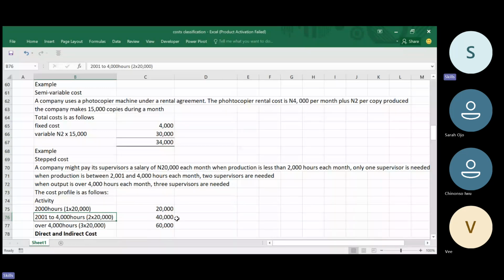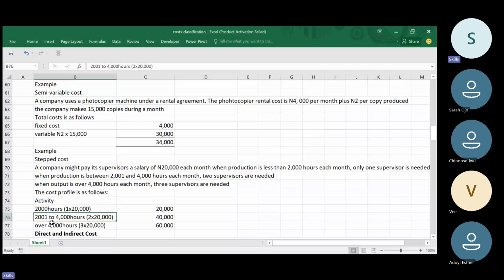Then the third one, when the output is over 4,000 hours each month, 3 supervisors are needed. So when it is over 4,000, 3 supervisors are needed. So that is where we have this. When over 4,000 hours, we need 3 supervisors at 20,000 per supervisor.